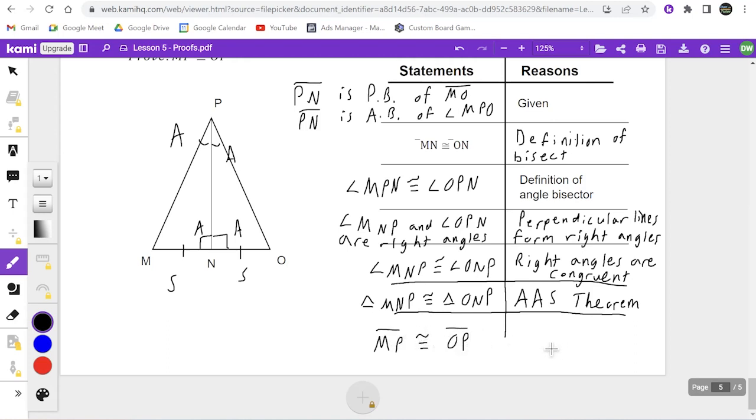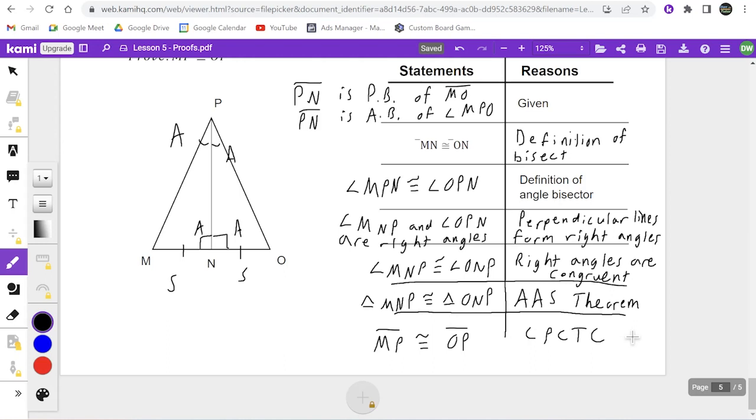And what's the reason? Oh, come on, you know it. It's our favorite. Shows up every time. Okay. CPCTC. Congruent parts of congruent triangles are congruent.